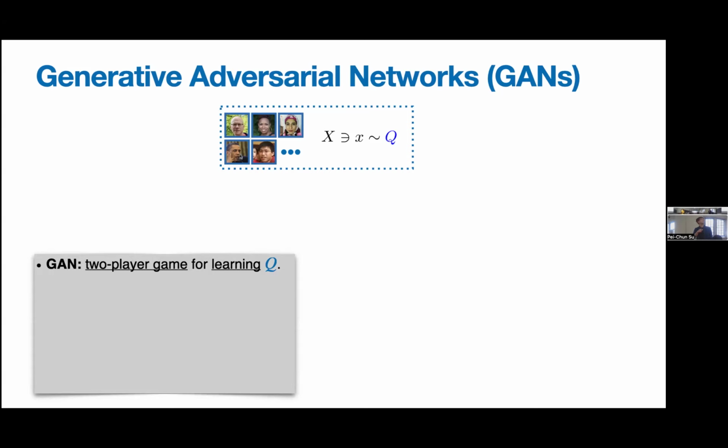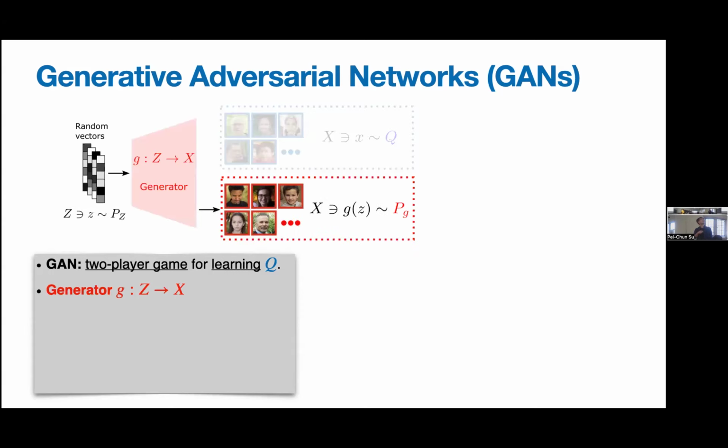In the GAN framework, you have a set of real image data drawn from some distribution, and you want to learn a generator, typically a neural net, that can map some easy-to-sample distribution, such as a uniform or Gaussian distribution, to the space of probability measures. This is the generated distribution where you generate a bunch of fake images.